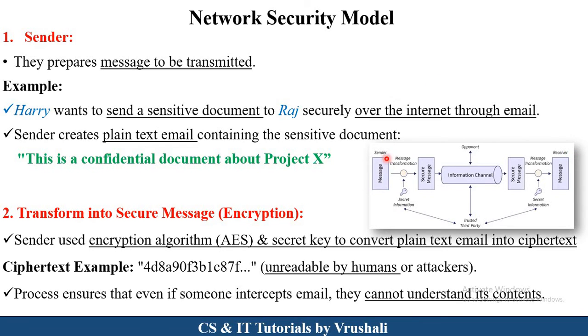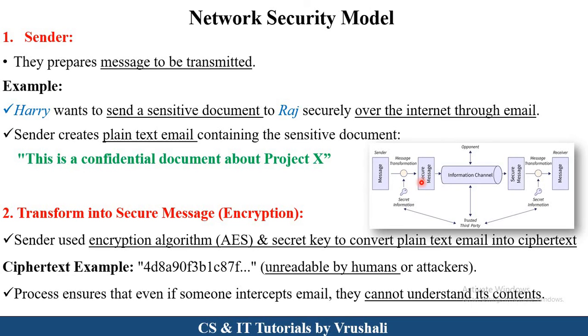The sender generates a mail in plain text, for example, "This is a confidential document about project X." So first step, the sender generates a plain text mail. Now the sender converts this mail into an encrypted format, which is called a secured message.